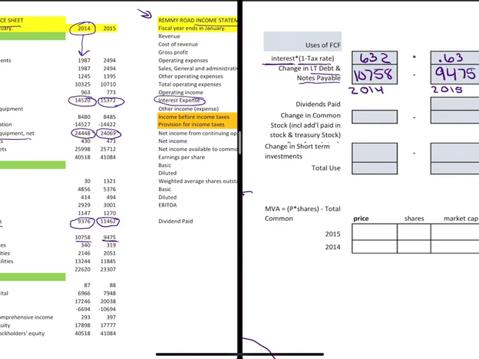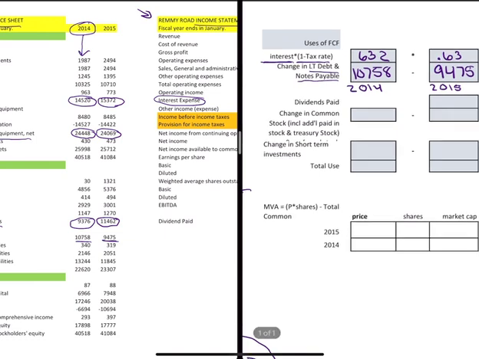So in 2014, they had long-term debt in the amount of 10,758. In 2015, they have 9475. That means they paid off some of their long-term debt. And when we calculate that, we get 1,283. So they used some of their free cash flow, it looks like, to pay off some of their debt.